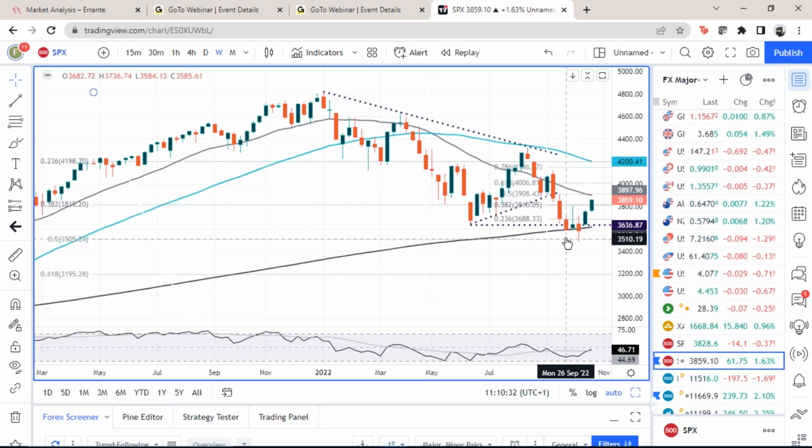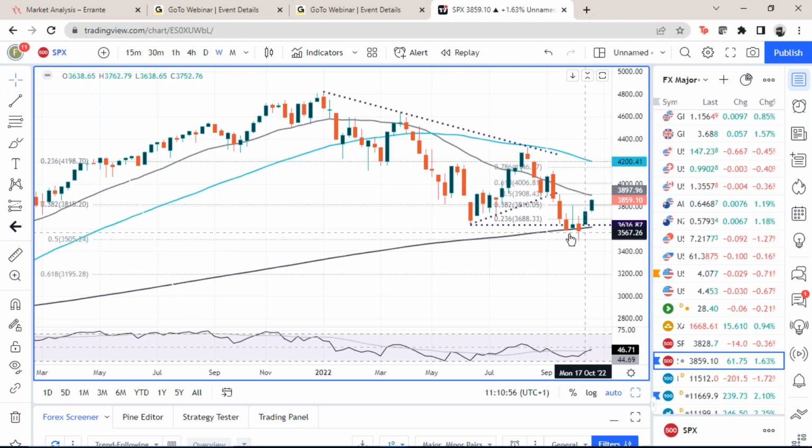So through that 3505, but it held as support, and then we bounced strongly, as you can see, the last couple of weeks especially, but above then the 200-week moving average, and also the mid-June low that we've been highlighting for some time, 3636, again acting as strong support. So you've got strong support there on a couple of levels.